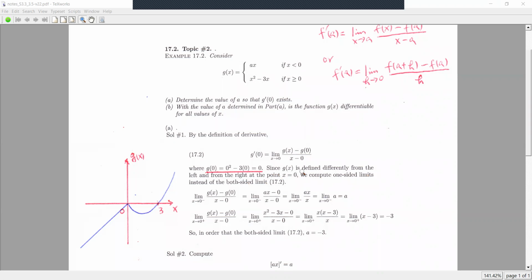Because the function is different from the left and from the right at the point 0, we compare one-sided limits instead of computing these both-sided limits. Namely, we compare left-hand side limit and right-hand side limit at the point 0.